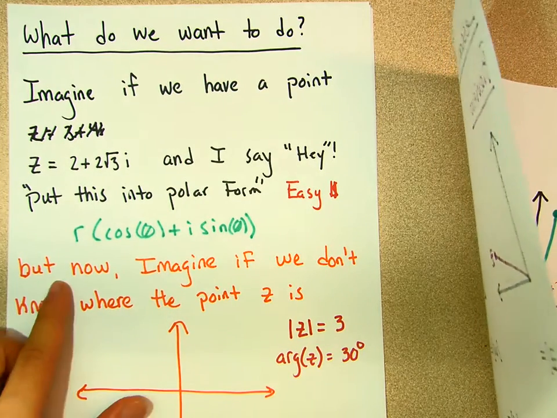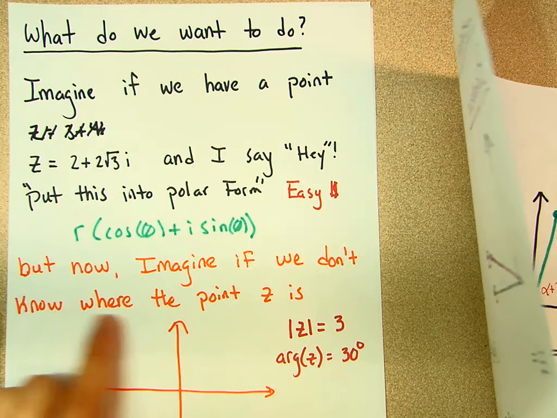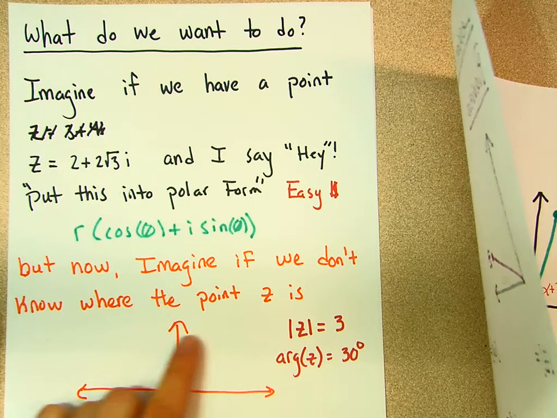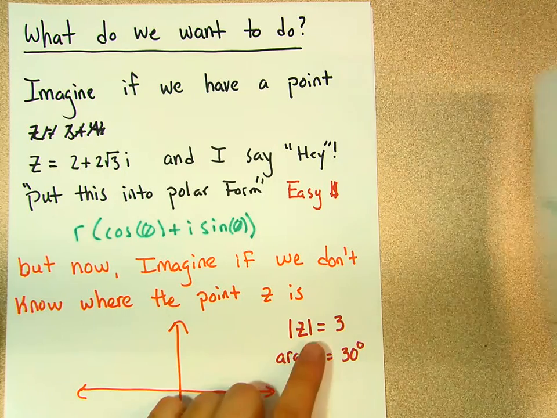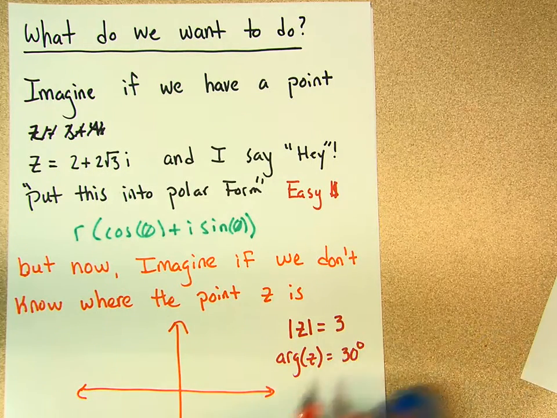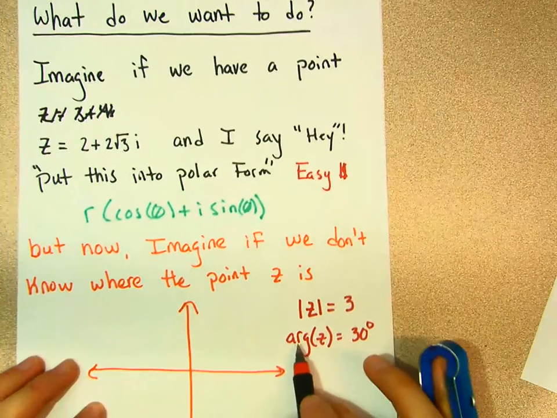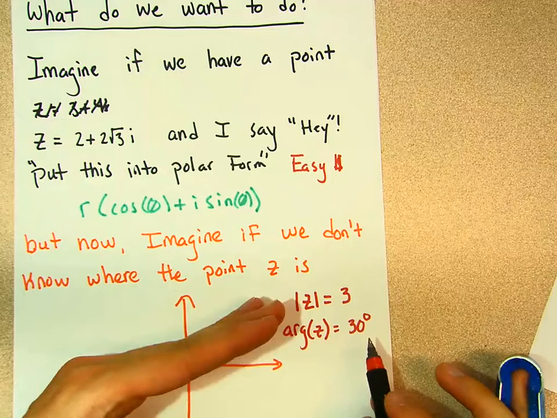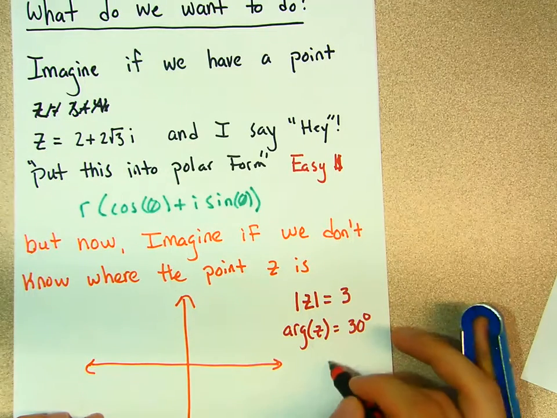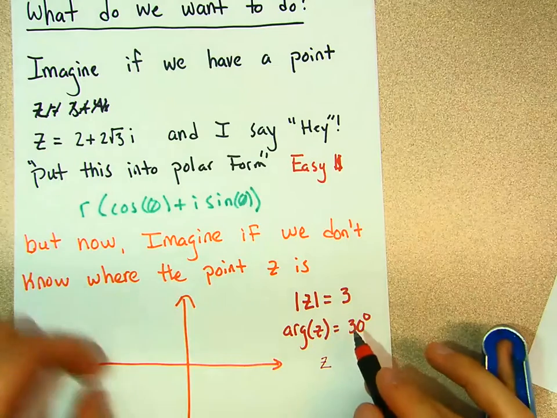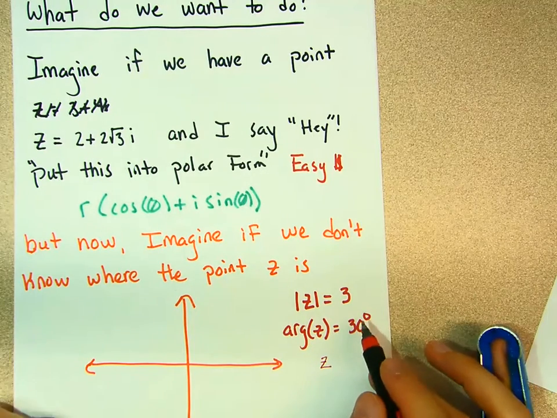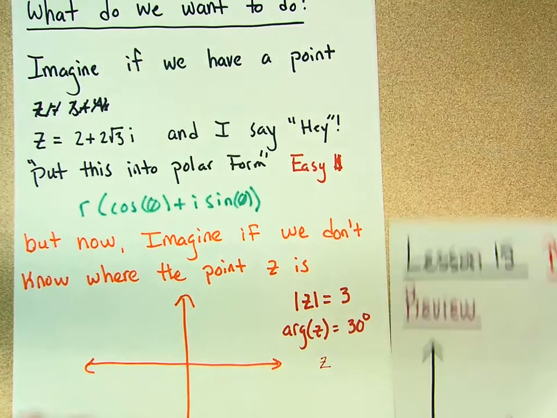But now, imagine we don't know where the point Z is. Z could be anywhere, and all I'm telling you is that the modulus of Z is 3 and the degree of rotation is 30 degrees. Where is this point Z? Do we have enough information to locate exactly where this point is? That's the general idea for this lesson.